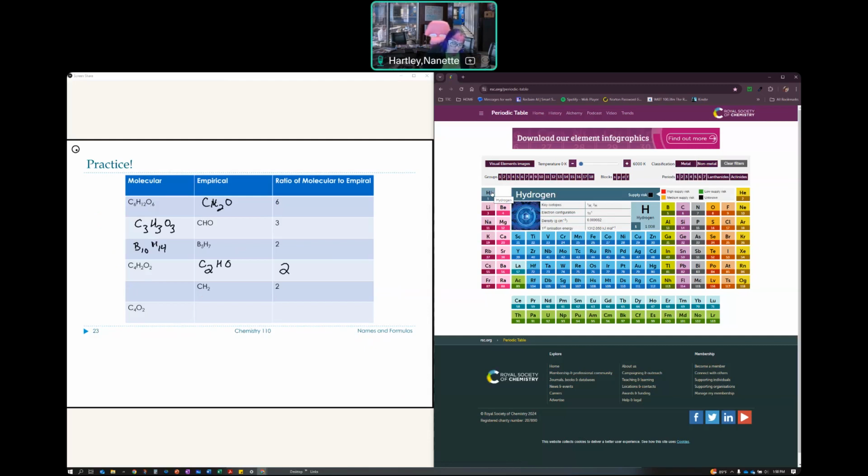So I'll multiply everything by 2, and it gives me C2H4. Okay, so that number applies to everything. And right here, I have a C4O2. I can divide everything by 2, so I'll put that 2 right there. And that one's going to C2O.